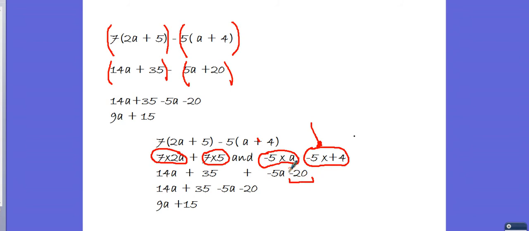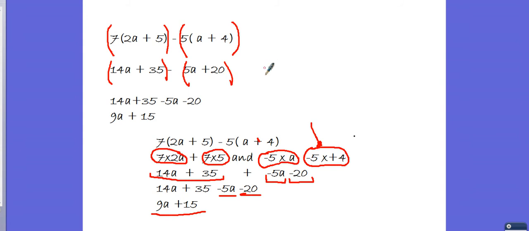Negative 5 times a is just minus 5a, that's just how you write it. This part here, you get 14a plus 35, and we've also got negative 5a minus 20. So that's 14a plus 35 minus 5a minus 20. We tidy it all up the same way as we've been tidying up all the other questions, and we'll end up with 9a plus 15.